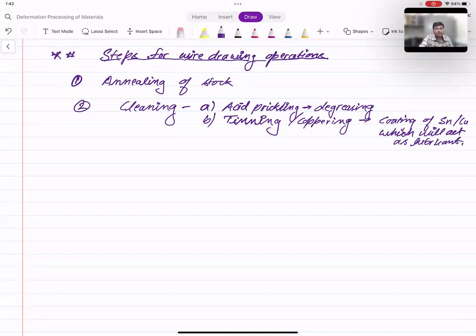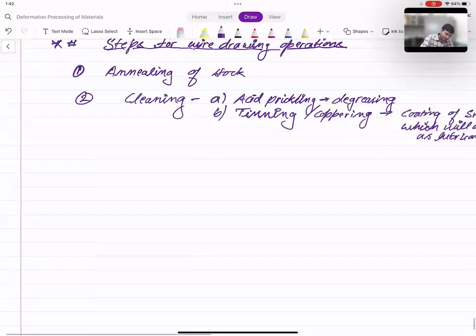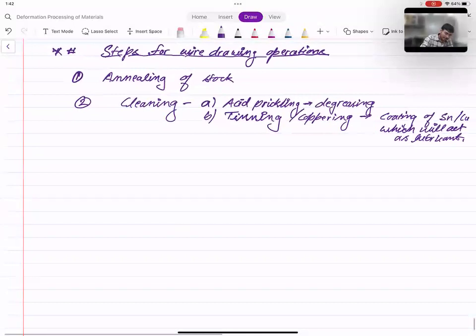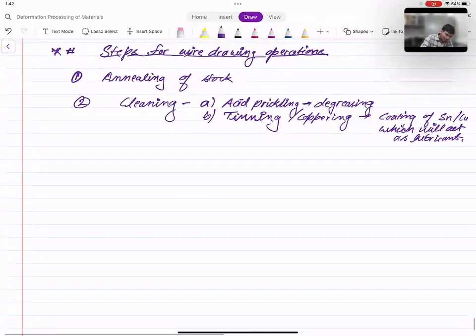This is done during the cleaning operation. And after the cleaning process, we can go for the drawing process.